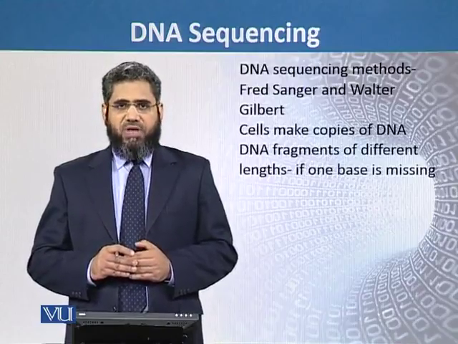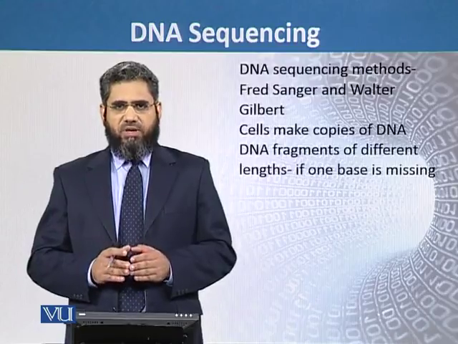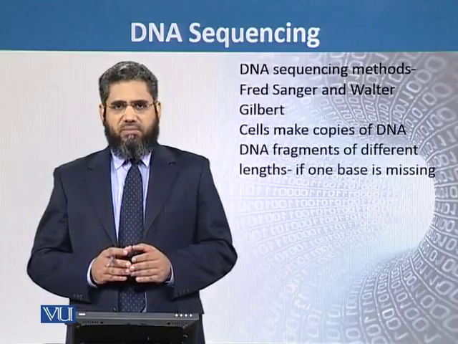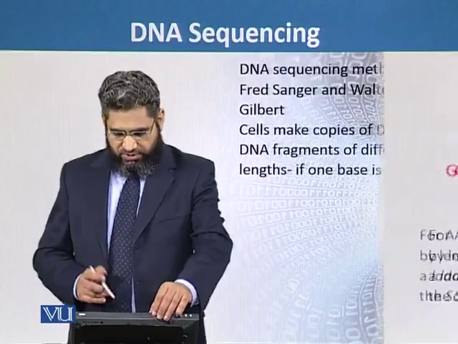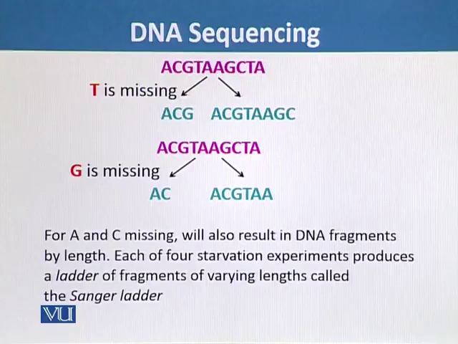He could then sequence all those fragments and find the actual sequence of the unknown fragment. As we have seen, the Sanger method was better than the Gilbert method, and Sanger discovered that he could produce fragments of different sizes.